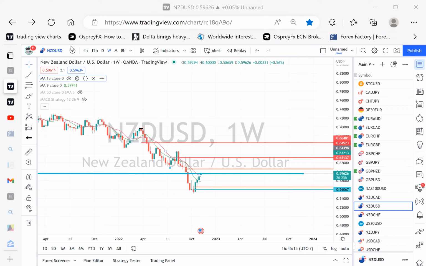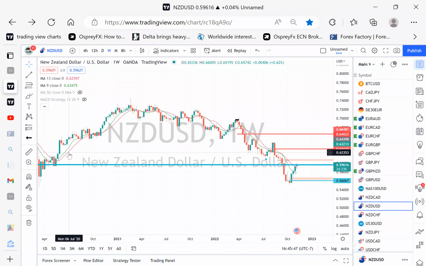Okay, the lower number is always going to be green, and the higher number is always going to be red, because they're going to signal the trader that it's time to buy or sell. Whichever one is on top, that's technically what we should be doing. So if the red line is on top, we should be selling, and if the green line is on top, we should be buying.